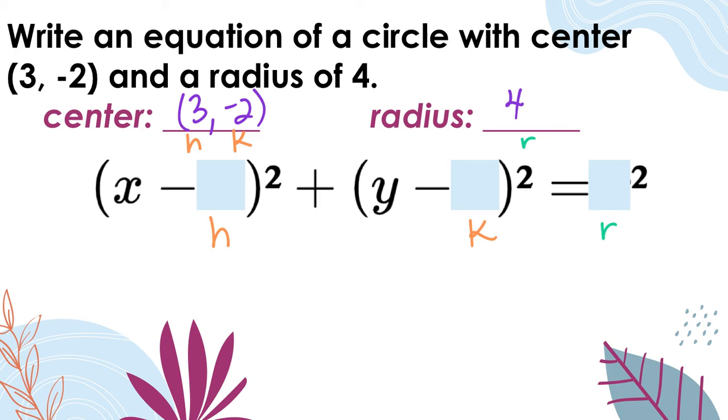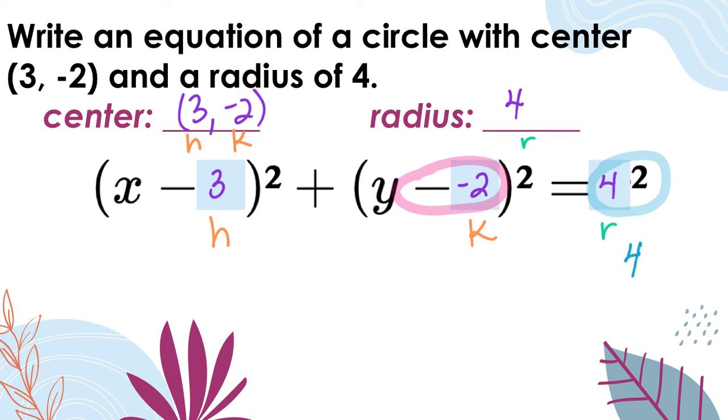I can start off by just plugging these numbers in. So x minus 3 and y minus -2, and plug in my 4. A couple things need to happen. I need to take care of this negative, negative. When I have two negatives in a row, that will equal a positive. And then I also need to square my 4.